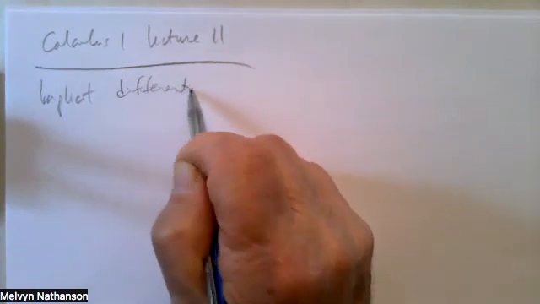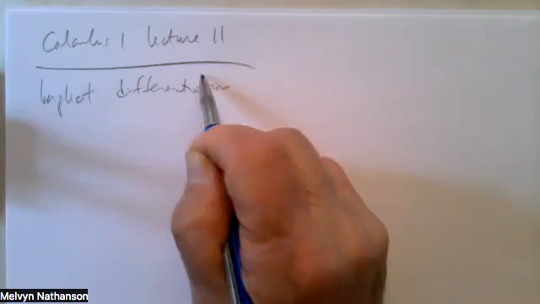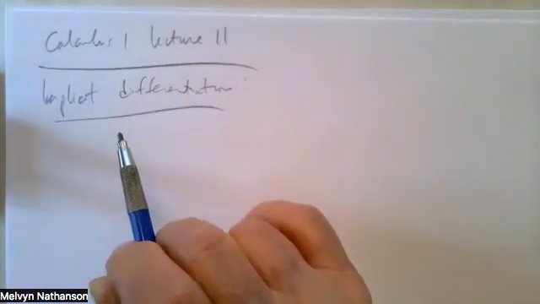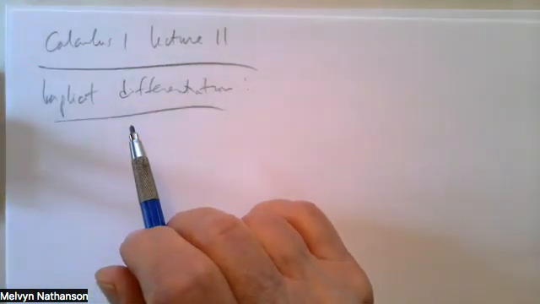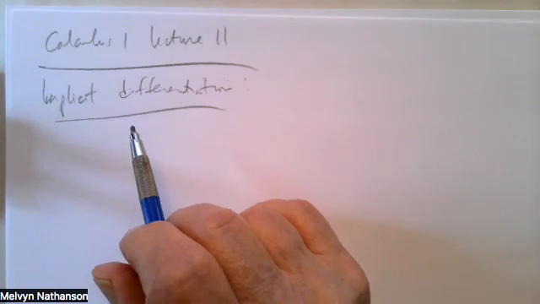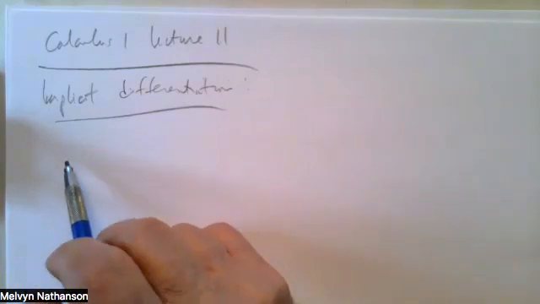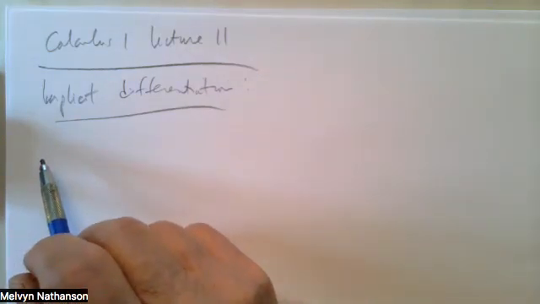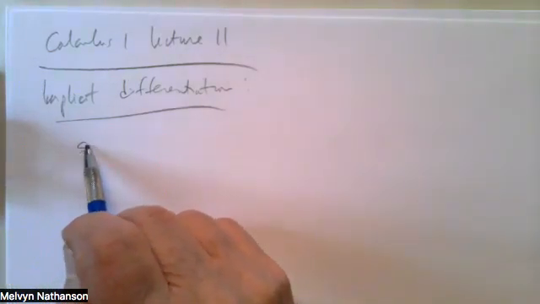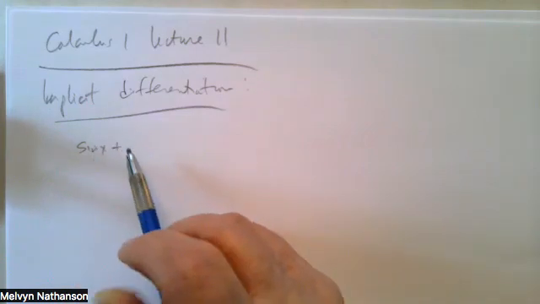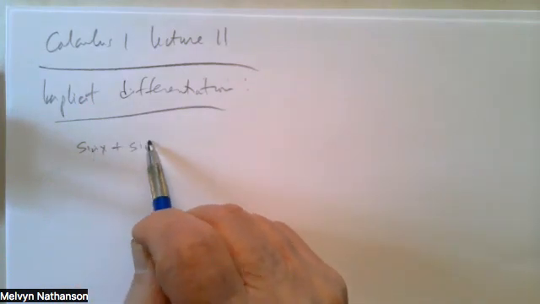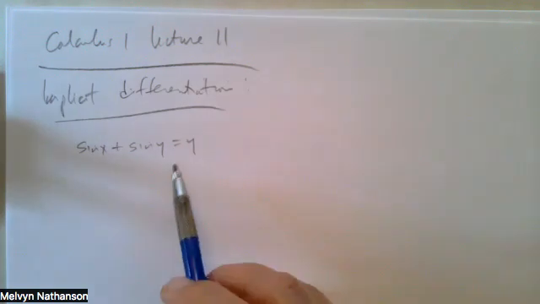And the first is implicit differentiation, which is a kind of application of the chain rule. So you might have some curve given by an equation like sine x plus sine y equals y.